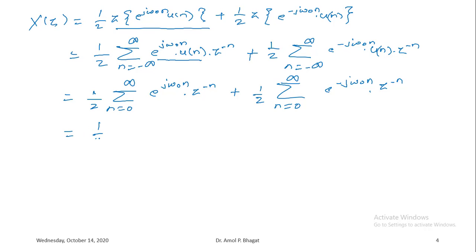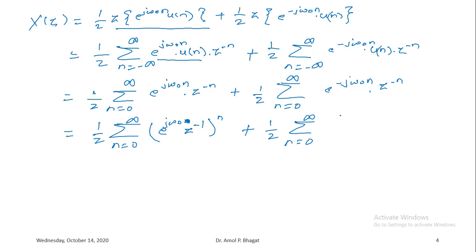You can take the power n common. So n equals 0 to infinity, it will be e to the power j omega 0 into z inverse raised to the power n, plus 1 by 2 summation n equals 0 to infinity e to the power minus j omega 0 z inverse raised to the power n.